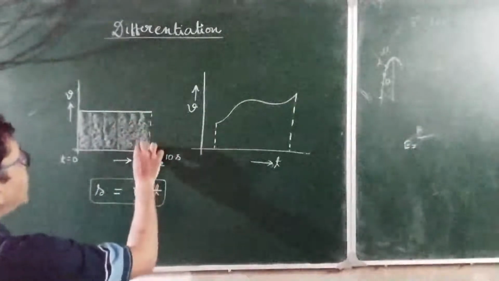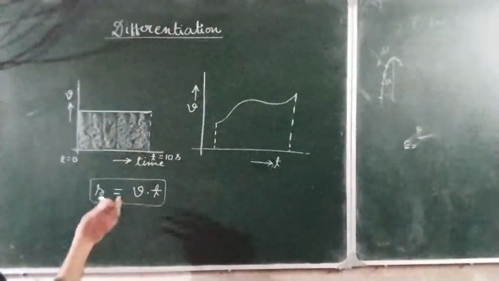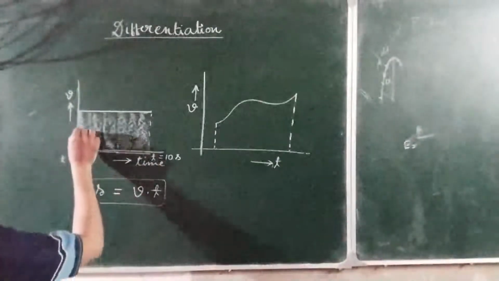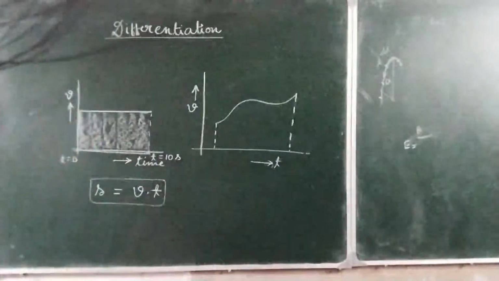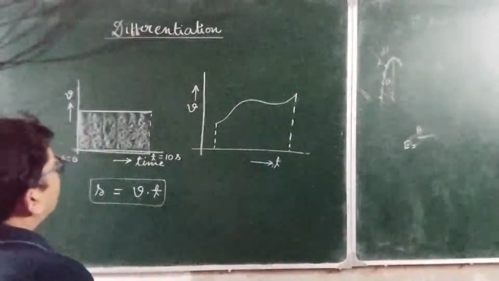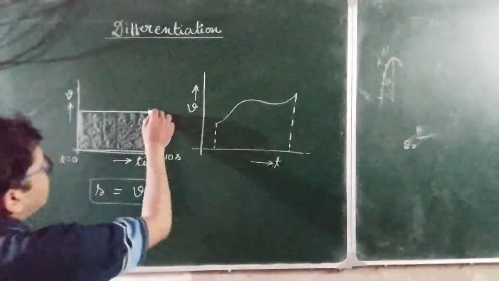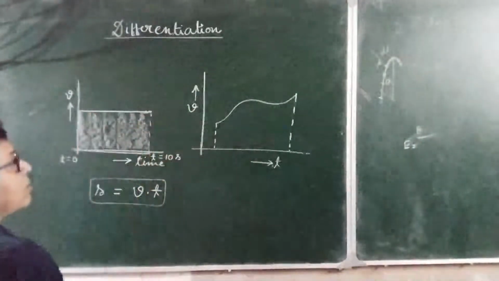To find that, we just multiply this length, the time axis value, and this breadth, the velocity axis value. We can clearly take this part as a rectangle.